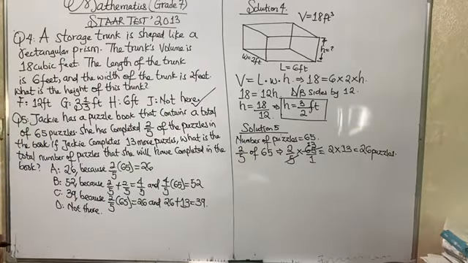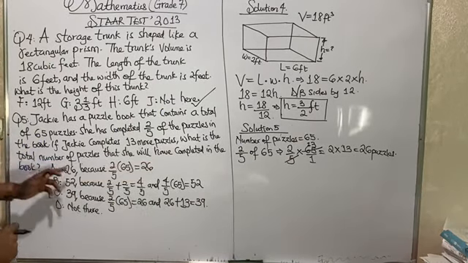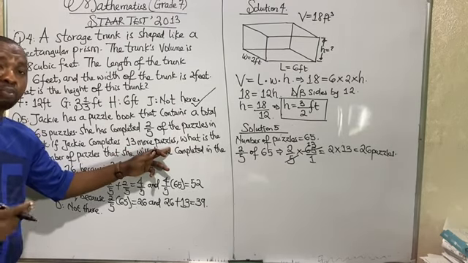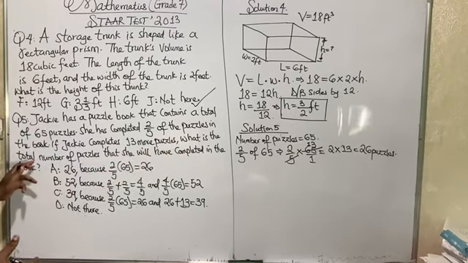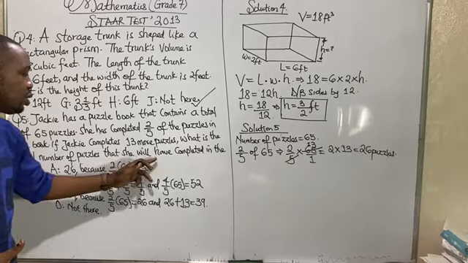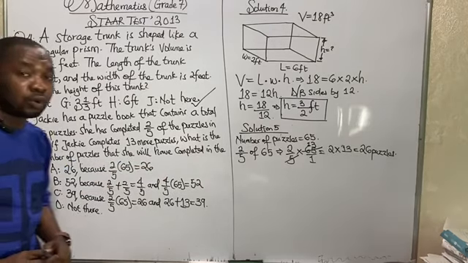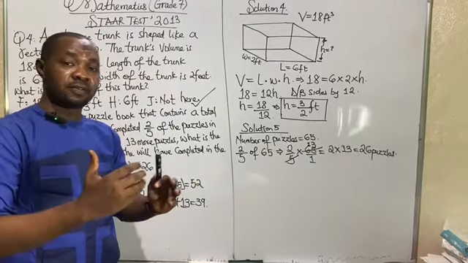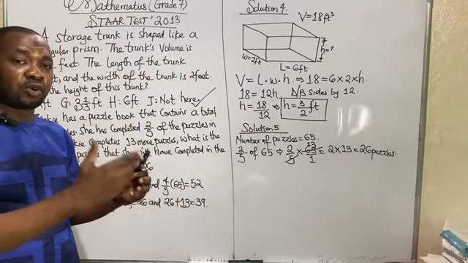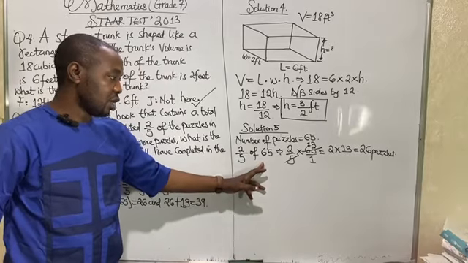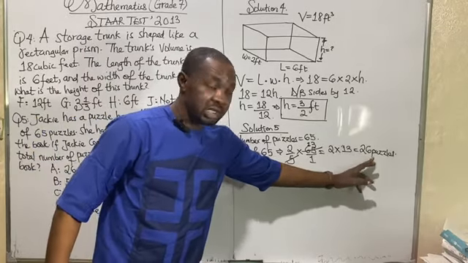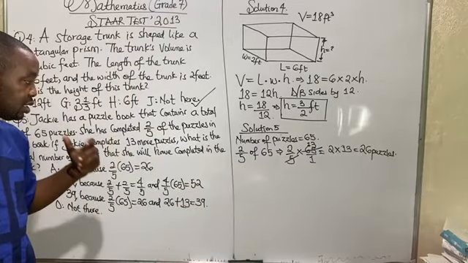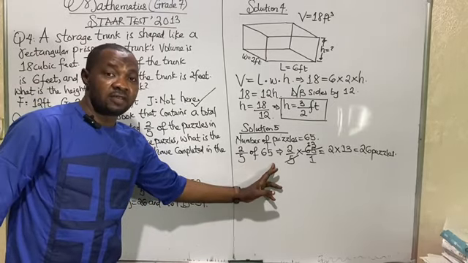Now, we have here that if Jackie completes 13 more puzzles, what is the total number of puzzles that she will have completed in the book? So she completed 13 more puzzles. This time we are not giving the fraction of the number of puzzles she completed after she completed 26 puzzles. What she completed in the first case is 2/5 of 65 puzzles.